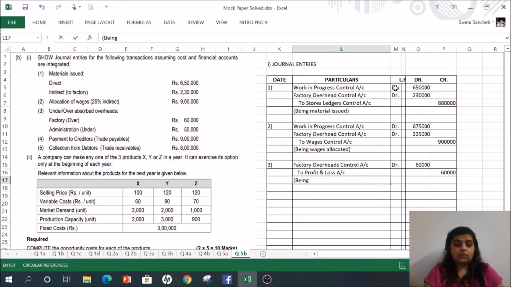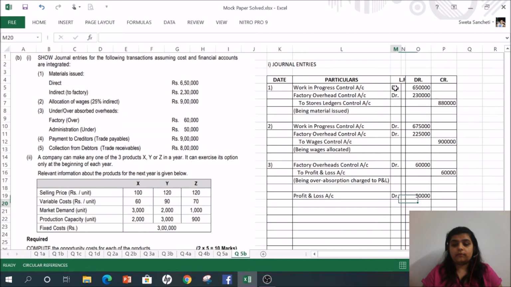being over absorption charged to P&L. Same for admin, it is under absorption, so profit and loss account, it is under by 50,000.